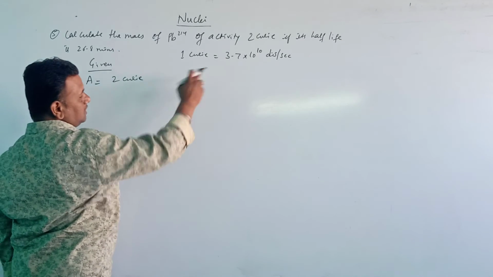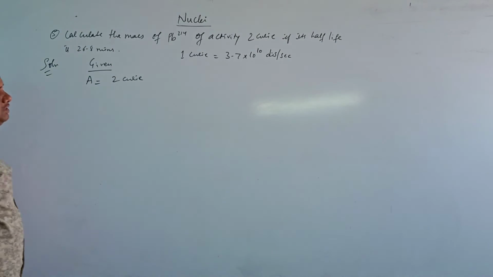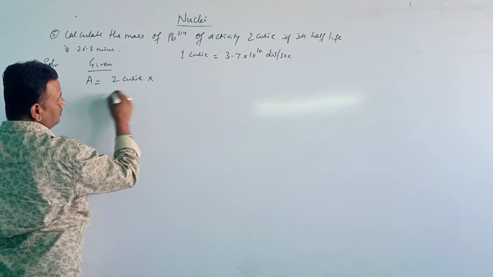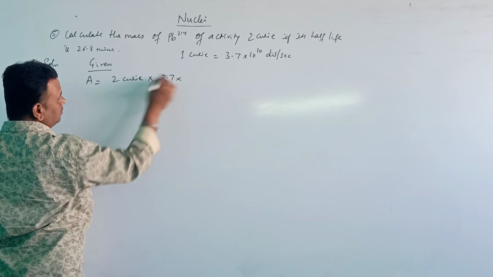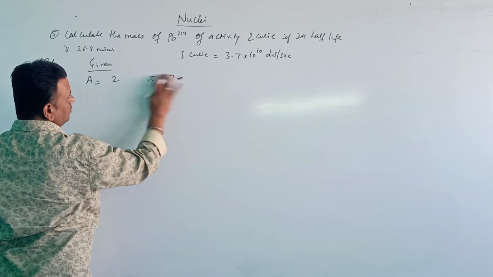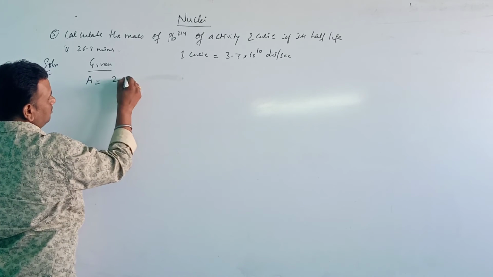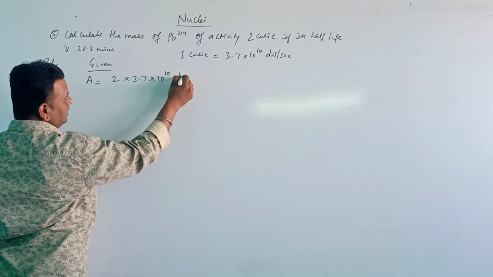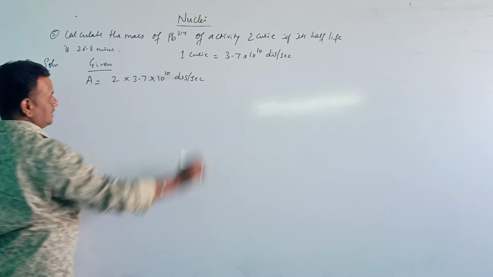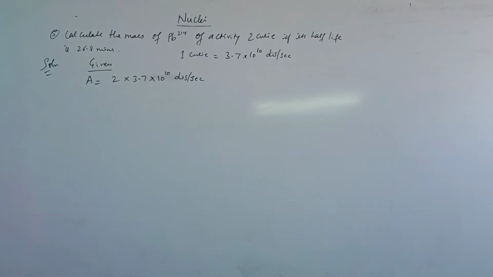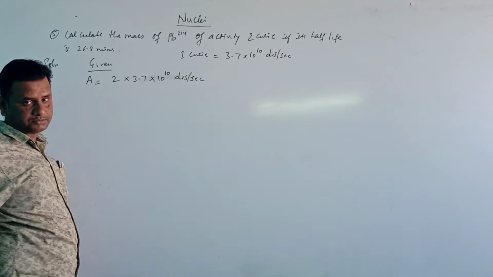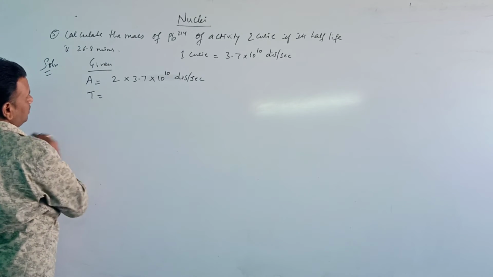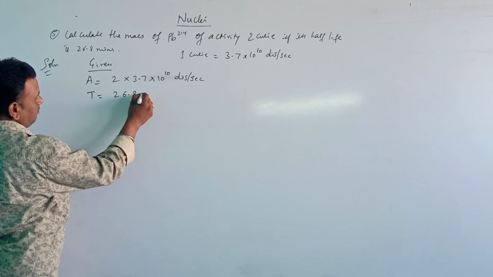So 2 curie means 2 into 3.7 into 10 to the power of 10 disintegrations per second. And the half-life is how much? 26.8 minutes. So t is equal to 26.8 minutes.